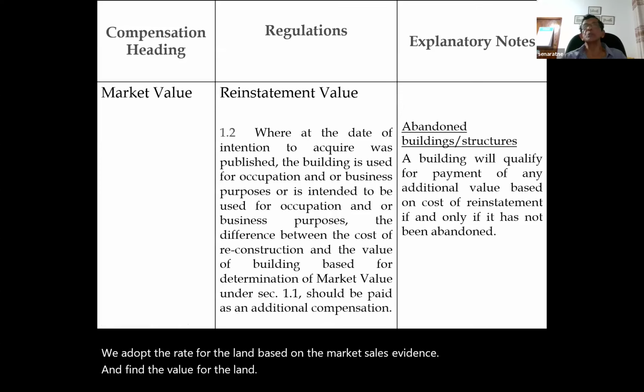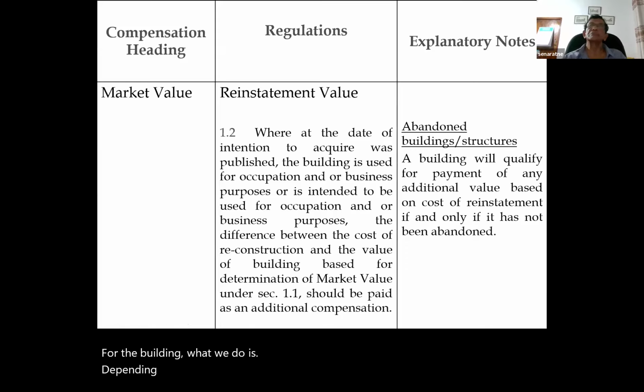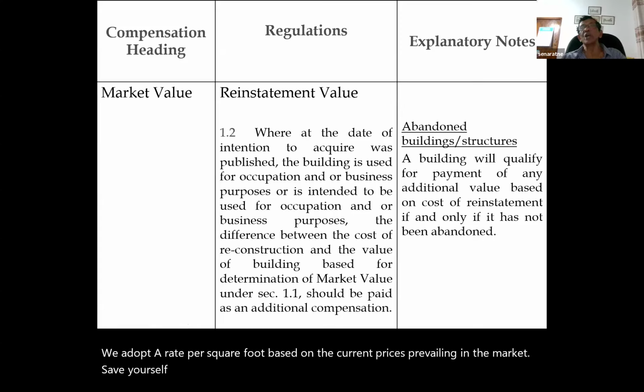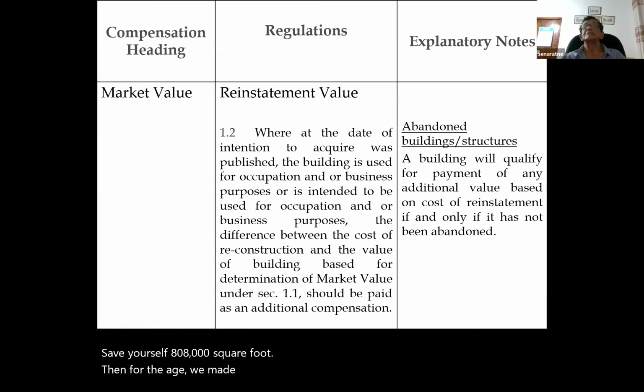For the building, depending on the condition of the construction, we adopt a rate per square foot based on the current prices prevailing in the market. Say we use 8,000 per square foot. Then for the age, we make some deduction for depreciation.